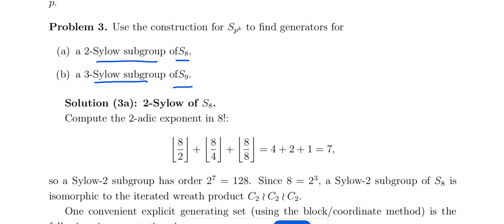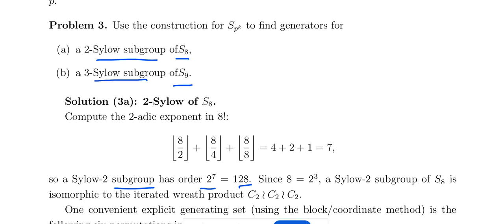So what is the calculation? 8 by 2 is 4, 8 by 4 is 2, 8 by 8 is 1. 4 plus 2 plus 1 is 7. So the Sylow 2 subgroup has order 2 power 7, which is equal to 128.